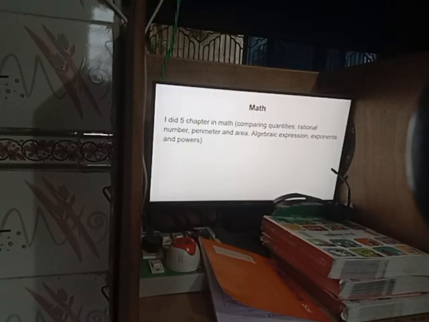And then an algebraic expression is a combination of constants and variables connected by any or all of the four fundamental operations, plus, minus, multiply and divide. This is the definition.